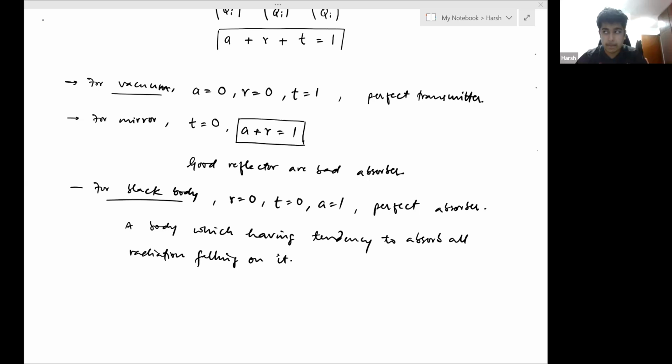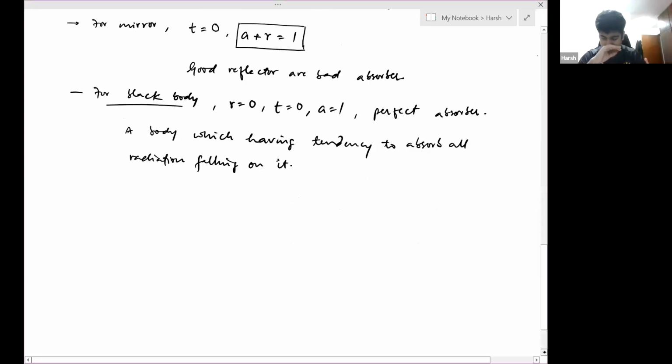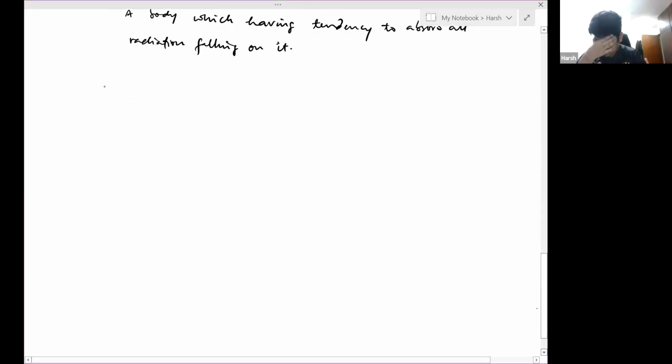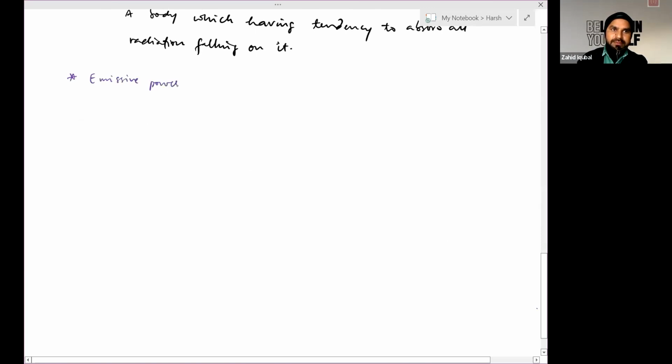Done, sir. Now there will be two more terms related to this. First is emissive power. On absorbing radiation, when a body has acquired some temperature, on the basis of its thermal energy it will start radiating or emitting radiation.